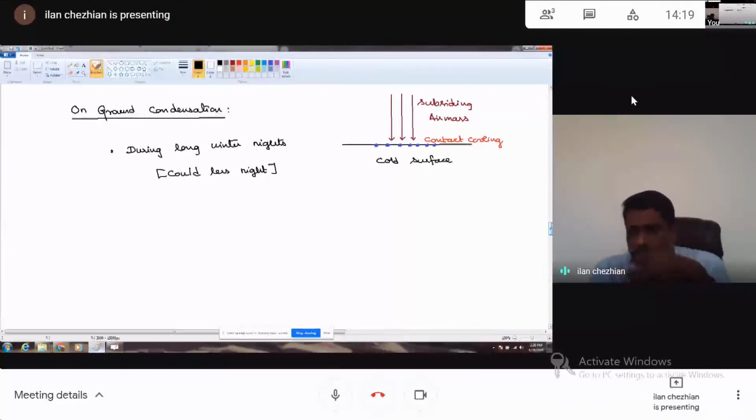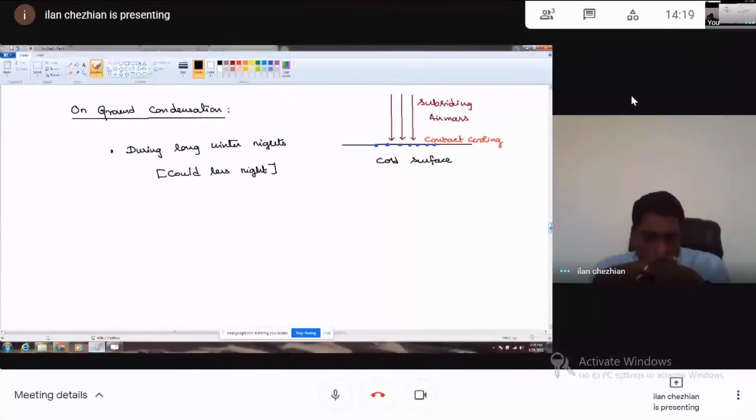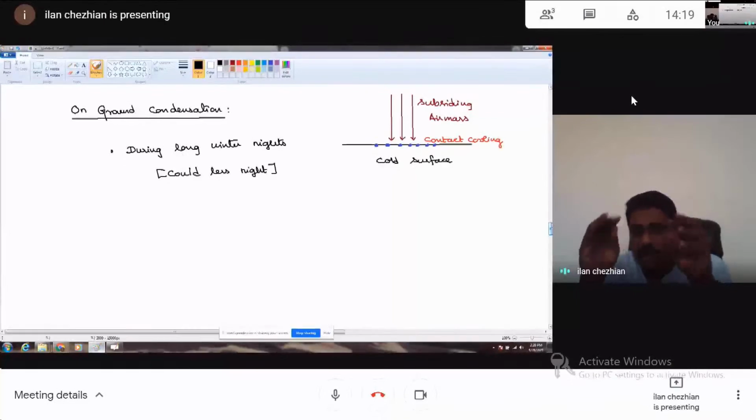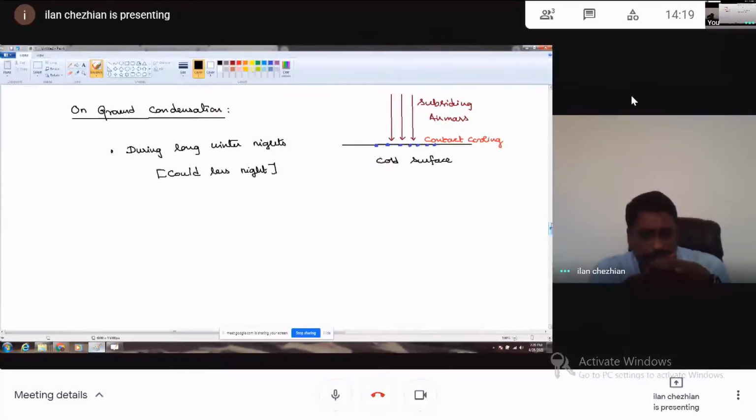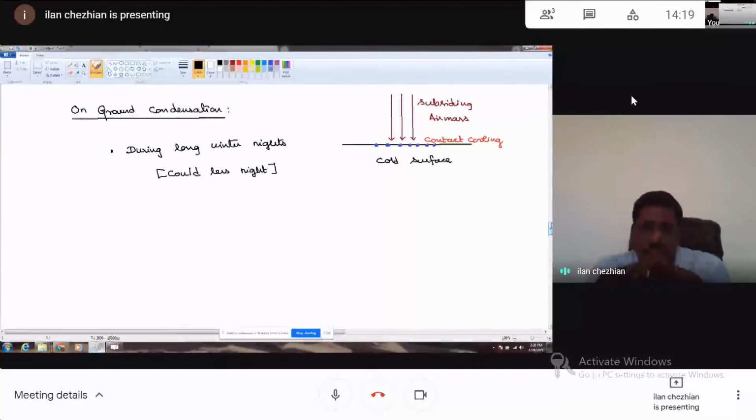Number two, you can write it: the subsiding air mass, when it comes into contact with a cold surface, by the process of contact cooling, results in on-ground condensation.